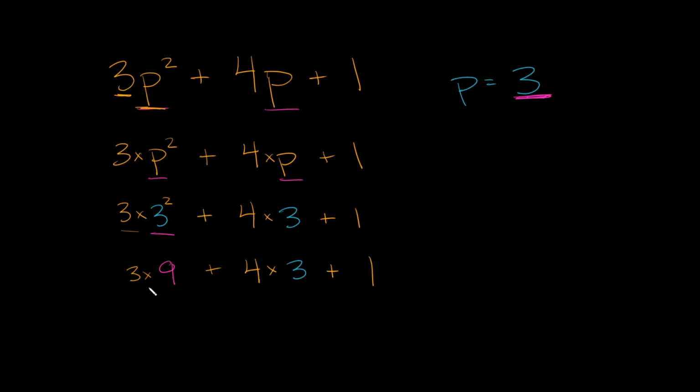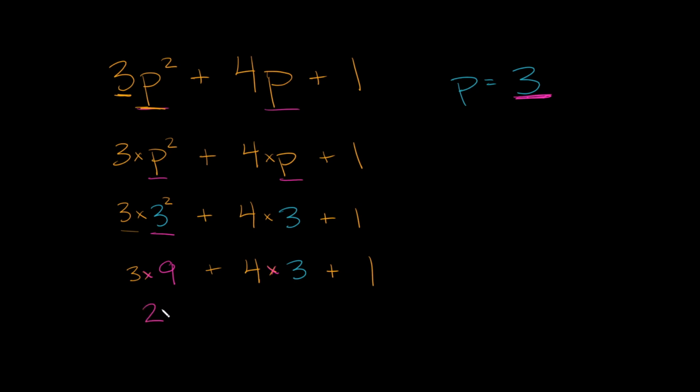So do we have any multiplication and division here? Yes, we do, right? We have multiplication here, and we also have multiplication right here. But which one do I do first? The 3 times 9 or the 4 times 3? Well, when you have the same sign, so we have multiplication here and here, you always do the one that's furthest to the left first. Okay, so 3 times 9, that's where we're going to start.